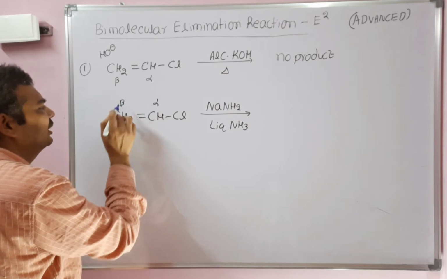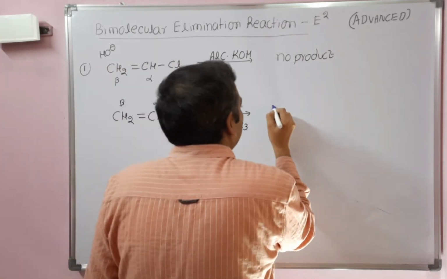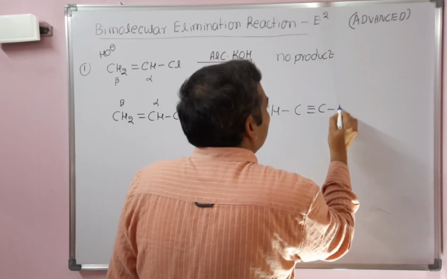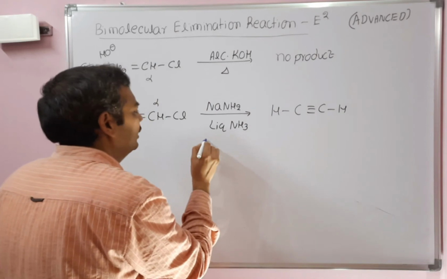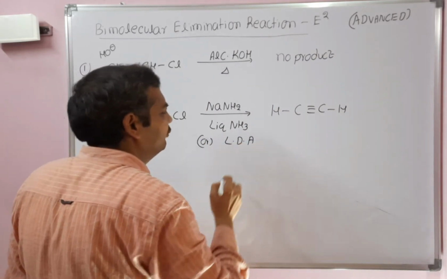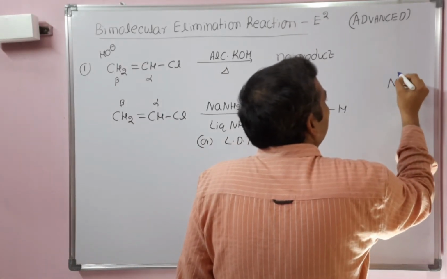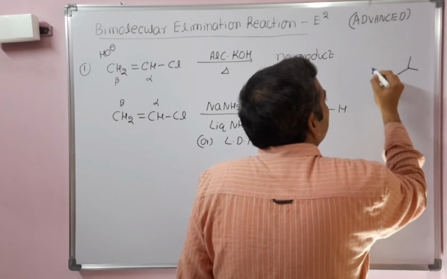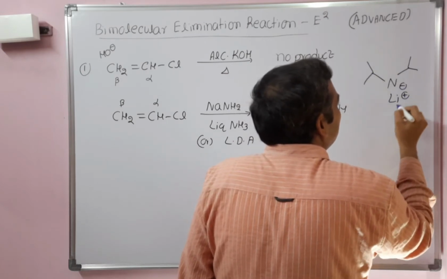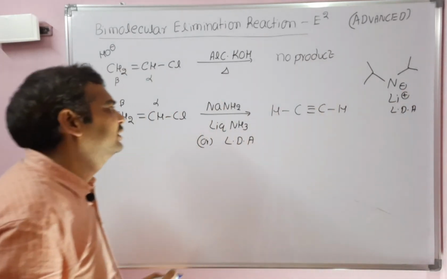Even though this hydrogen is attached to the conjugation, it will be abstracted, so you will get acetylene here. We can also use LDA, lithium diisopropyl amide. LDA means this one: diisopropyl N minus Li plus.